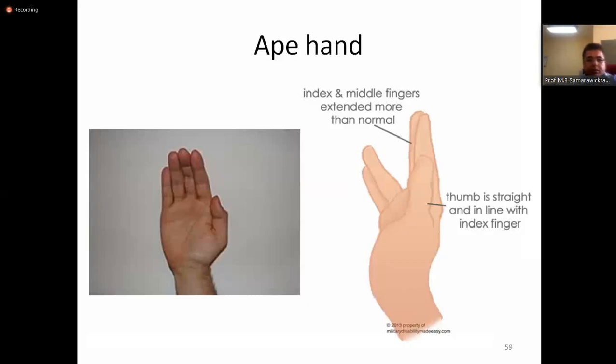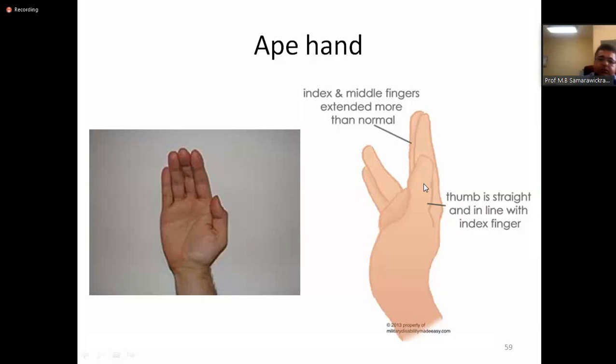So this is the deformity called ape hand, where you can see the thumb is straight because of paralysis of opponens pollicis. And the index finger extends more than normal, because paralysis of the lumbricals prevents flexion at the metacarpophalangeal joint.